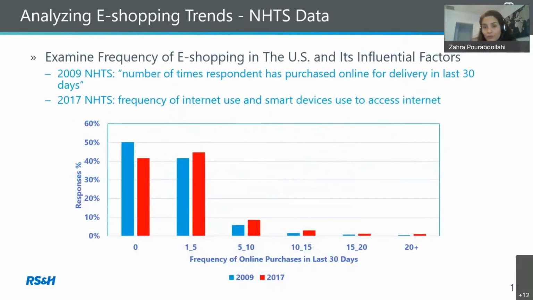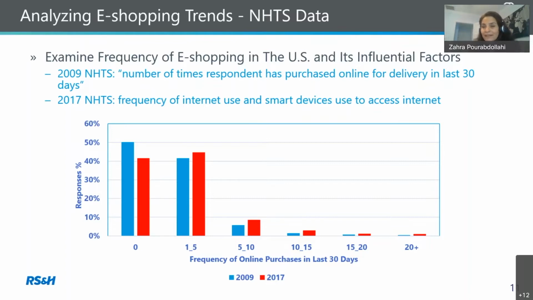So the 2009 NHTS, which was the previous version of the survey before the most recent one conducted in 2017, added a new question to the questionnaire, and it asked the respondent about the frequency of their online purchases. The question was the number of times that you have purchased online for delivery in the last 30 days.